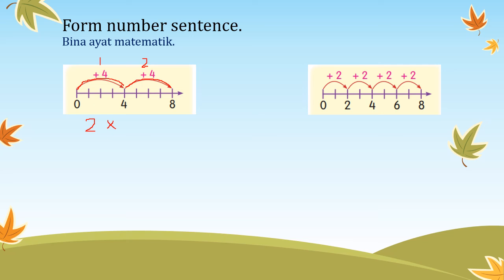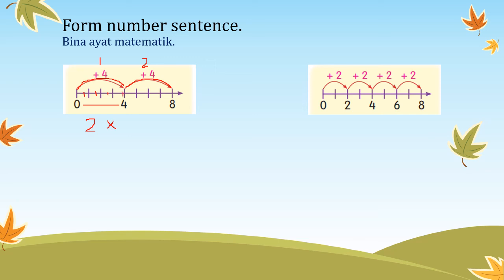Okey. Nombor seterusnya menunjukkan jarak lompatan tu. Maksud jarak lompatan, the distance of the jumps. Jarak lompatan from 0 to 4. From 0 to 4. Berapa nilainya? Okey, kita kira kat sini pun boleh. 0, 1, 2, 3, 4.